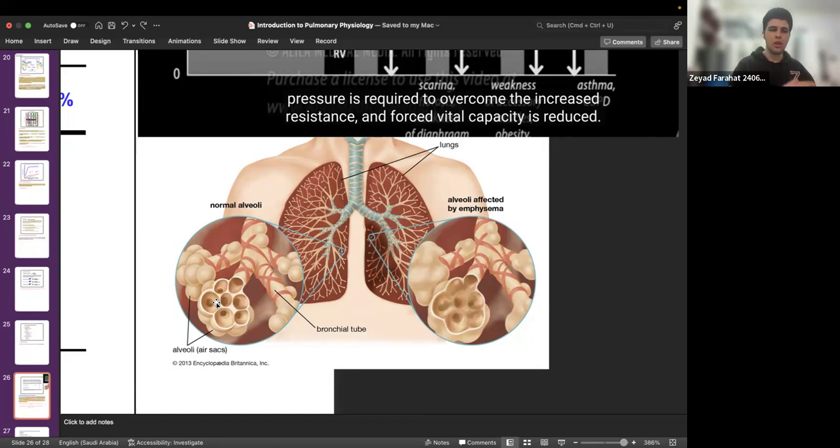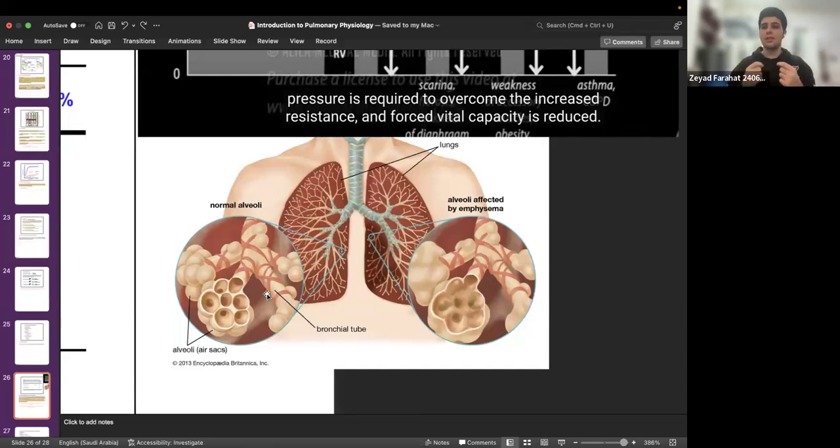It has to have higher pressure. So it becomes harder to inflate them. So in restrictive lung disease, it's harder to inflate the lung because now they're fibrous, now they're thickened. You can't inflate them as easily. The muscles have to do extra work to inflate. So basically, you have a problem in inspiring the air because the lung is harder to expand because it's thicker.